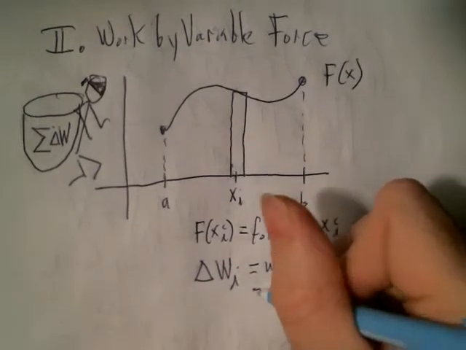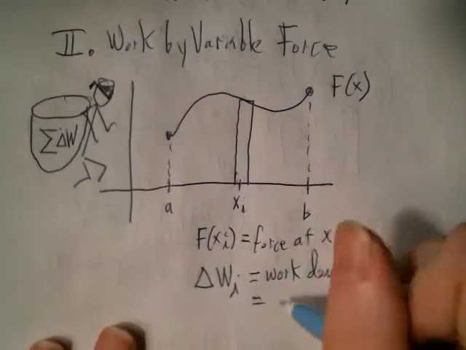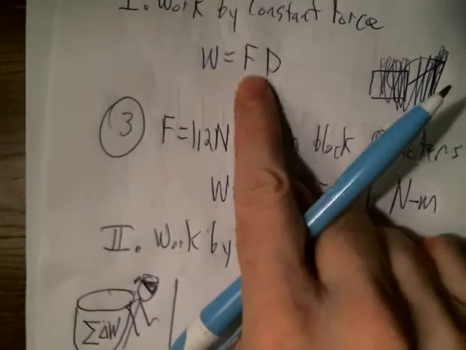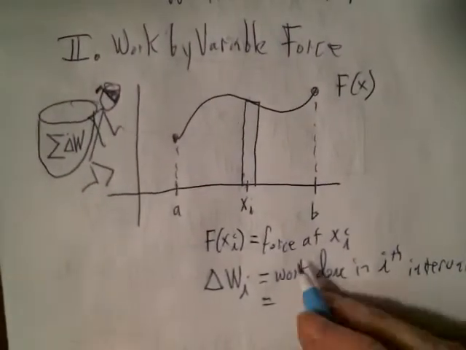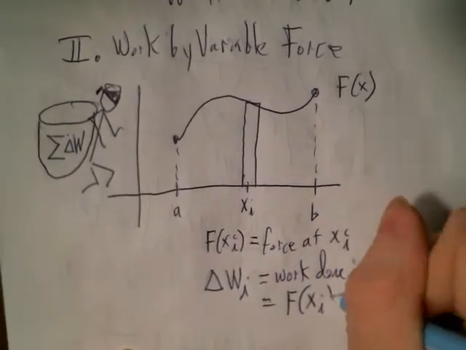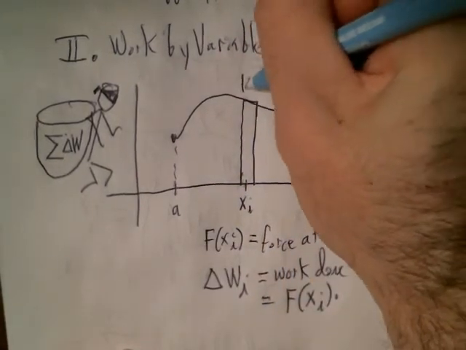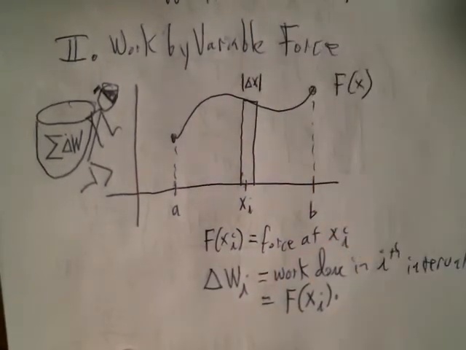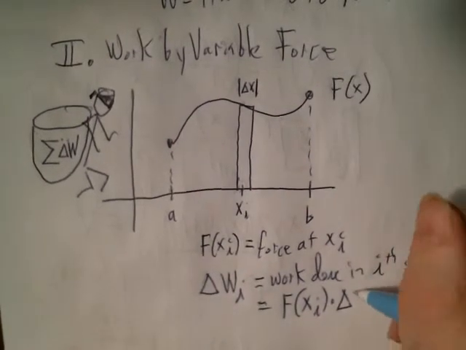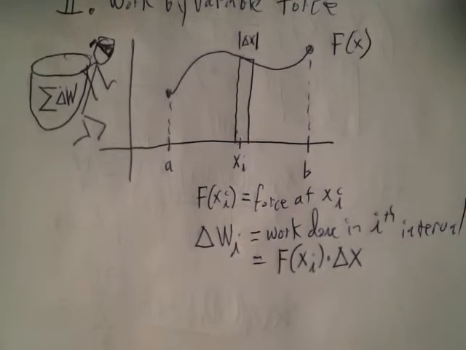And the formula for that is exactly the formula for the area of that little rectangle. But we know it's force times distance, so force given by the force function, f of x sub i, times the distance traveled. And of course, this distance traveled is just our delta x, the base. So it turns out to be the same formula that you used previously. But now we're modeling work in physics.